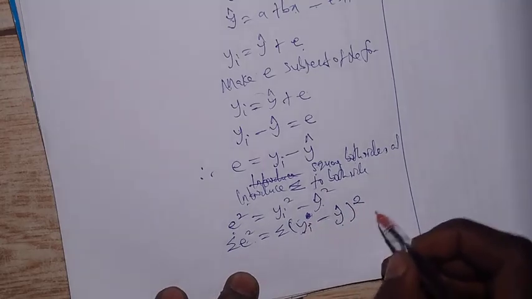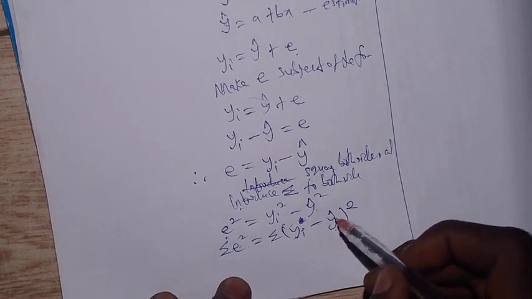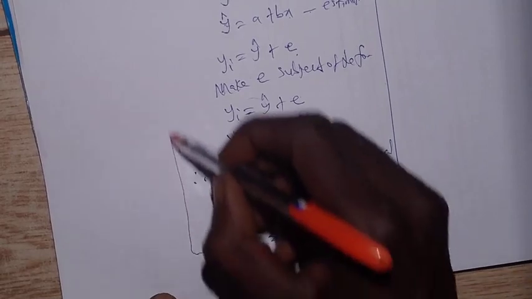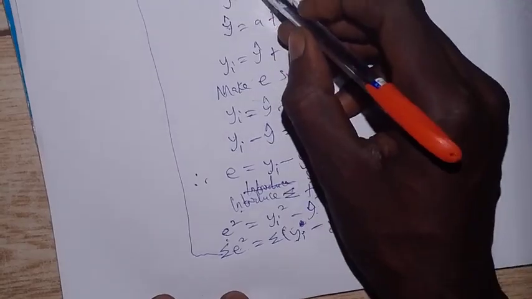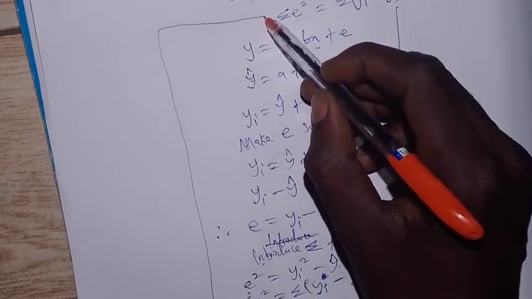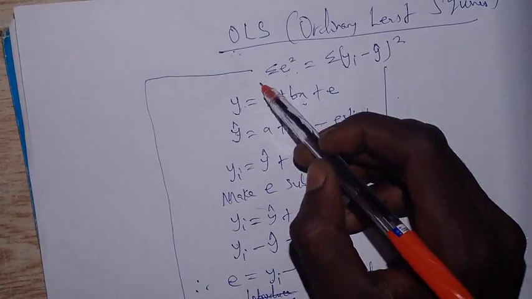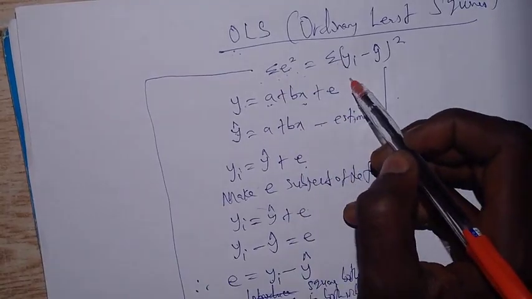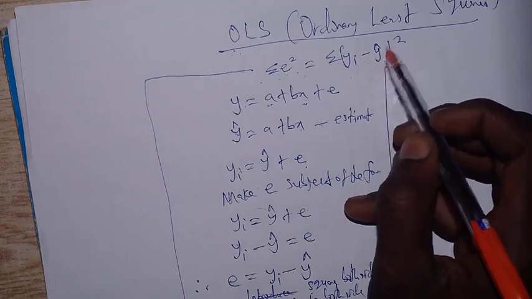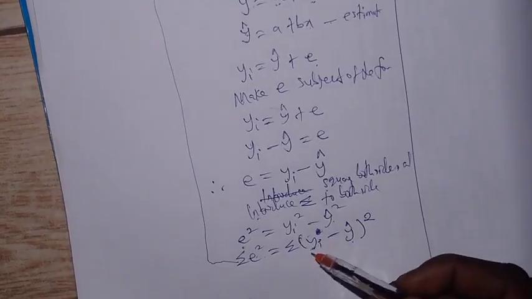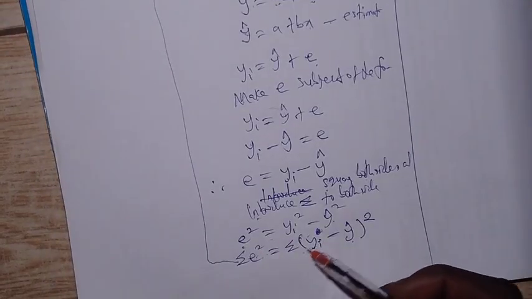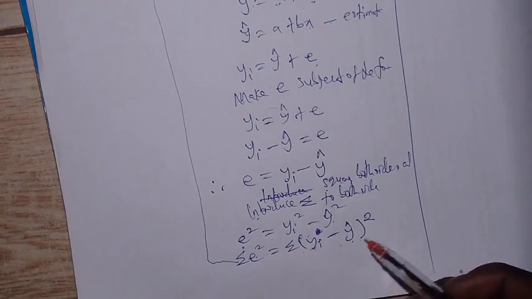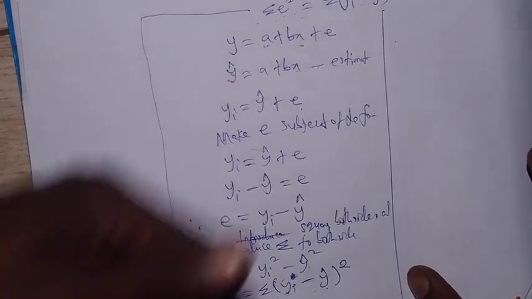So this is the same thing as summation E squared is equal to summation of yi minus y cap, all squared.